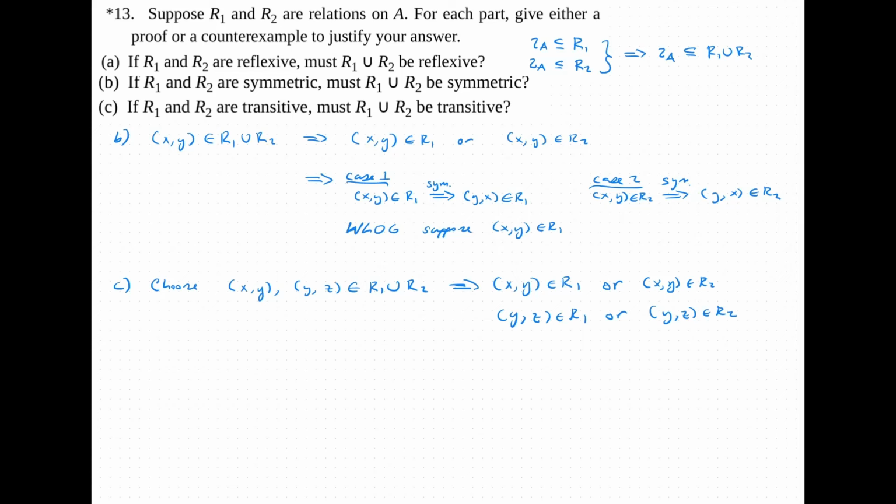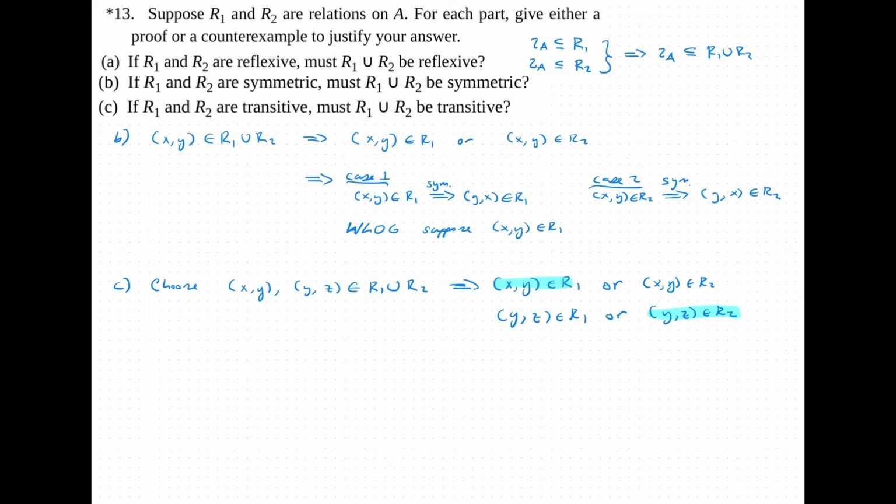But this is a problem, because unlike the first case, where we established that it was symmetric by using the property that R1 and R2 were symmetric, we are in trouble with this situation, because what happens if x comma y is in R1 and y comma z is in R2?